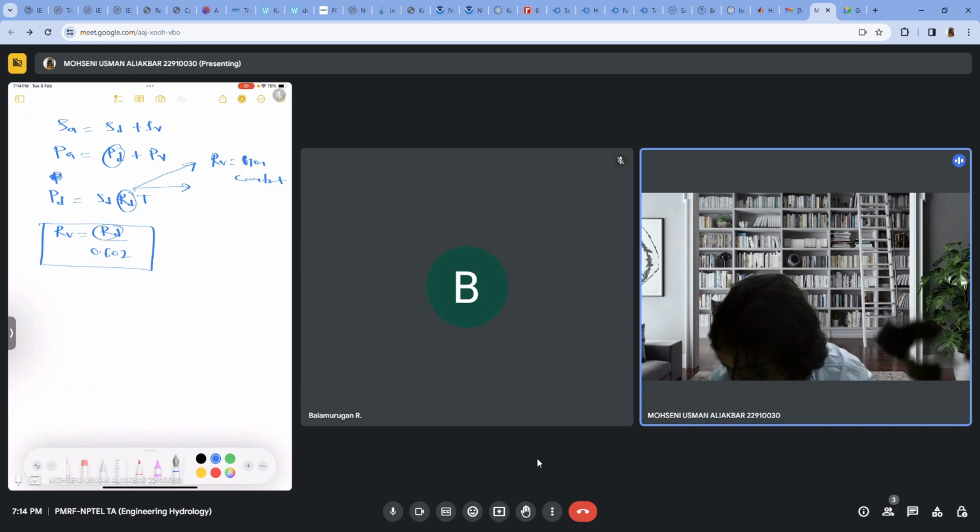Now what we are supposed to do, we need to find an equation for P of air. So we are going to substitute here in this equation. Let us say this equation is equation 2 and this equation is equation 3.